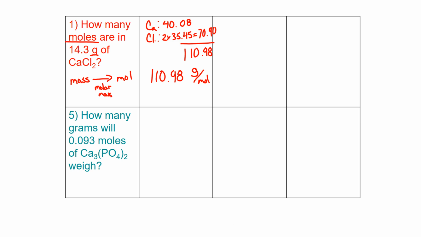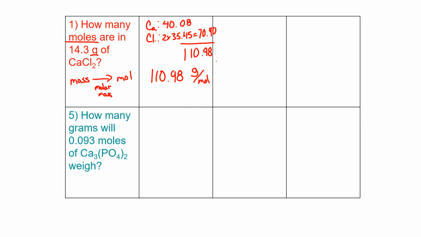That's my molar mass, and that's in grams per mole. In this one, I'm maintaining 2 decimal places because I'm adding. I used 40.08 off the periodic table, and I used 35.45, so 70.90, and I added them together.